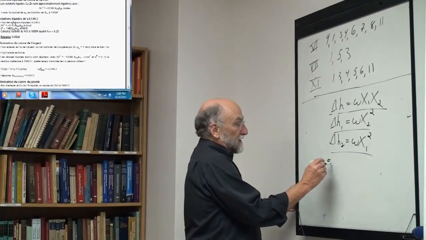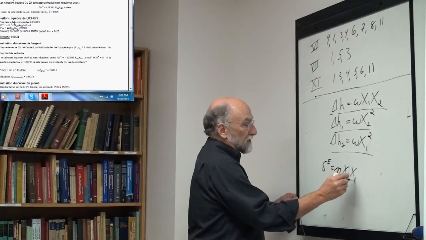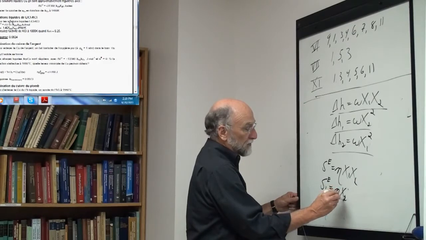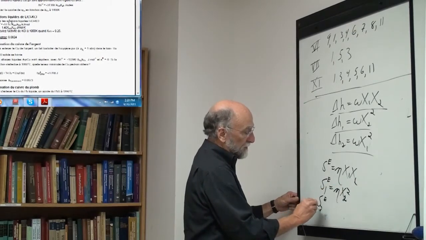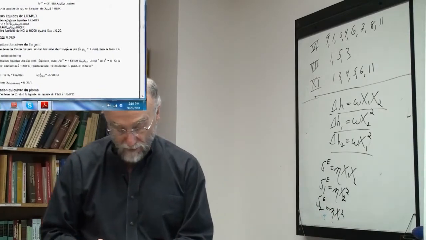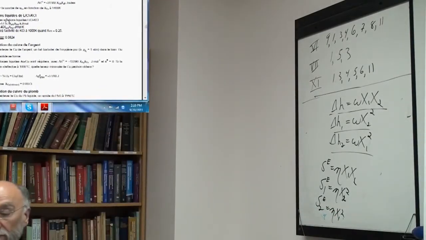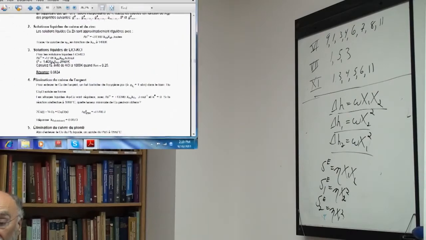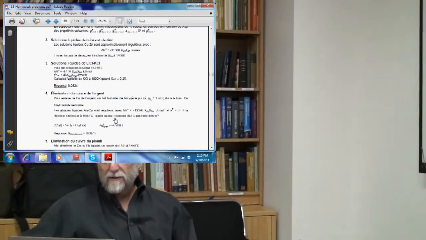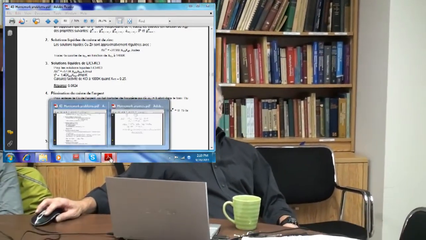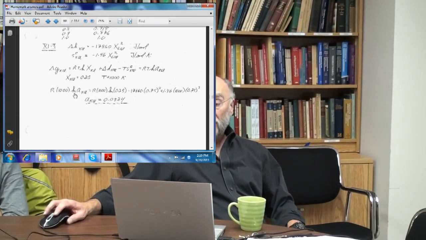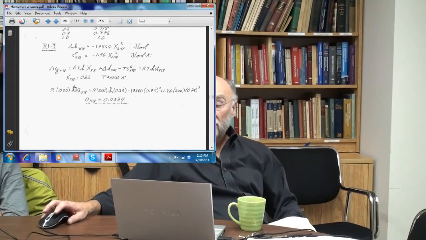And similarly, SXS is eta times x1, x2, so SXS of 1 is equal to eta times x2 squared, and SXS of 2 is eta times x1 squared. Okay, so that minus 17.86 is omega and minus 1.46 is eta. Going backwards in this then, what we're trying to calculate is the activity of potassium chloride.